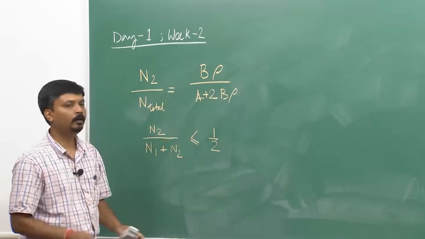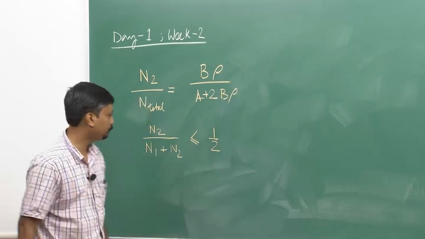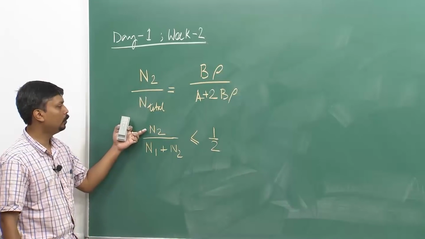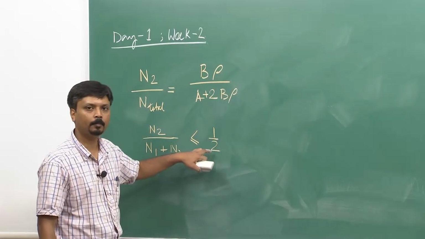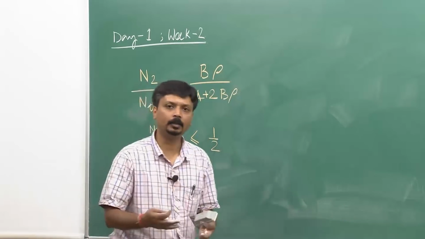So, it will be around half, or less than half. So, the maximum value is half. Now, does it tell you something?